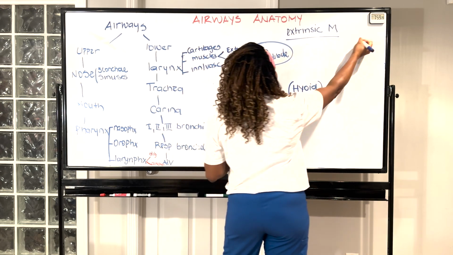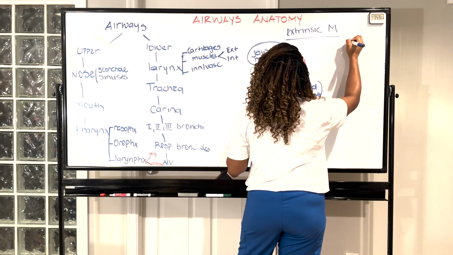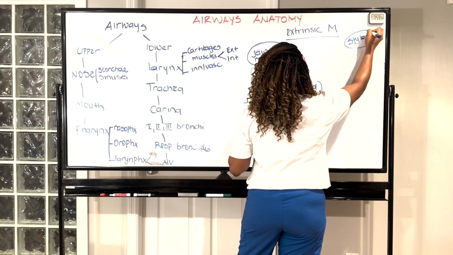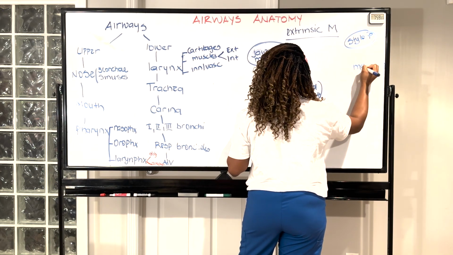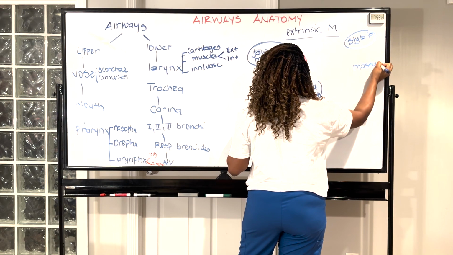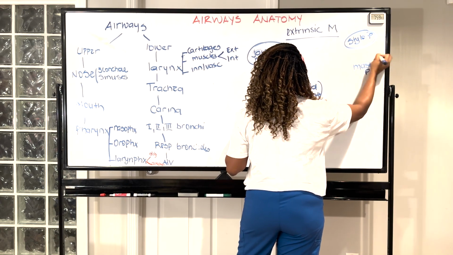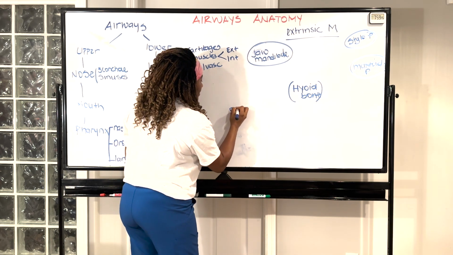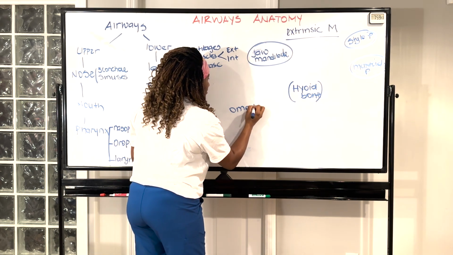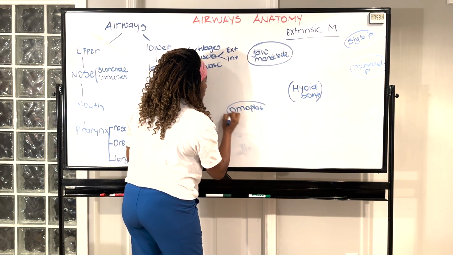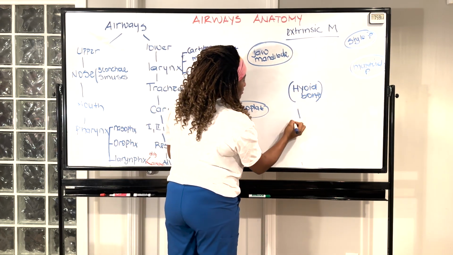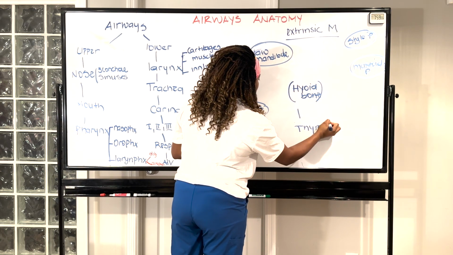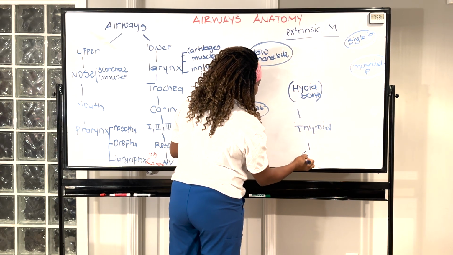And here I'm gonna put my styloid process, mastoid process, and here I'm gonna put my omoplate, and here I have my thyroid, and here I have my sternum.